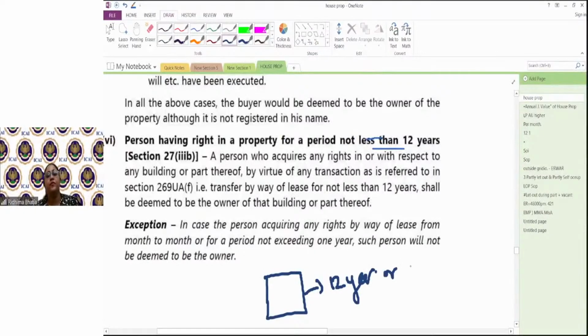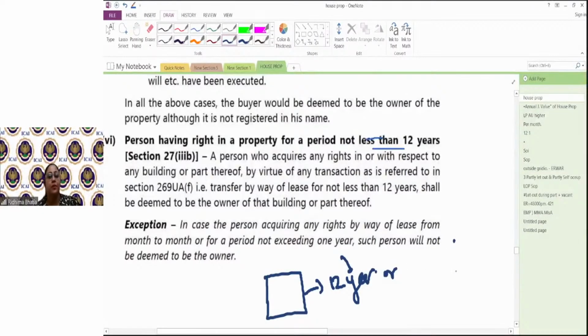Then automatically from the 12th year, he would become the deemed owner, even if the legal title is in someone else's hand. Since he has been there for such a substantial period, 12 years or more, from that year itself he would be considered as deemed owner.